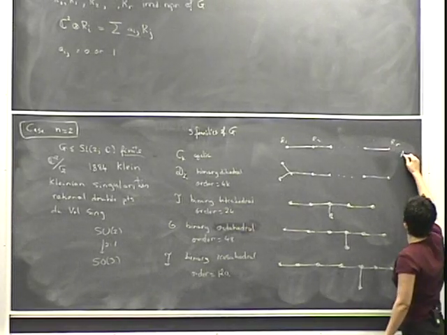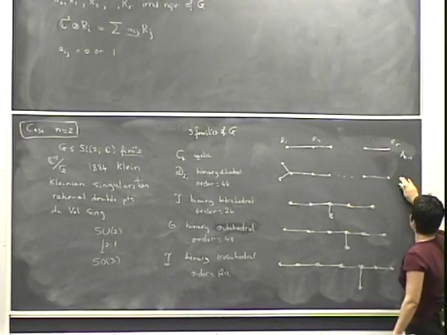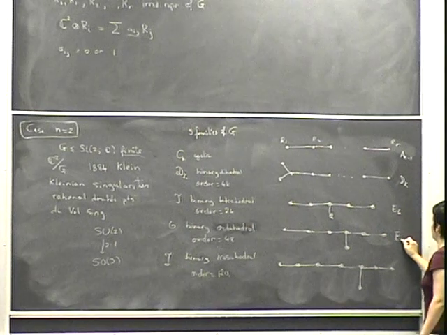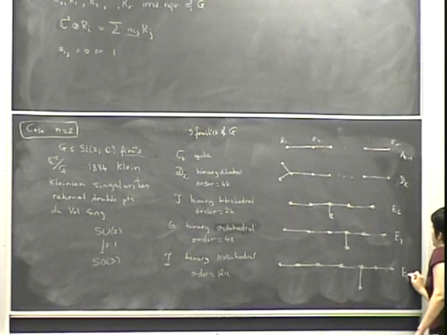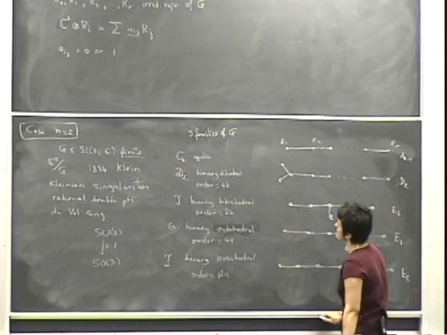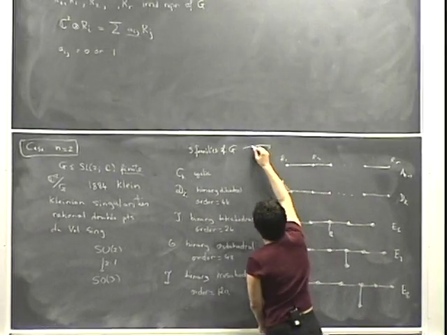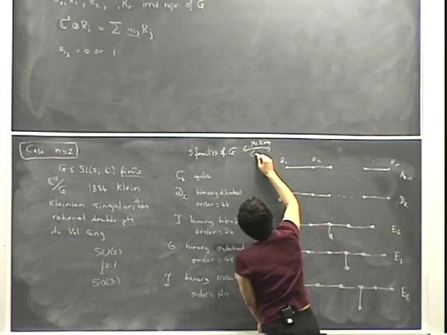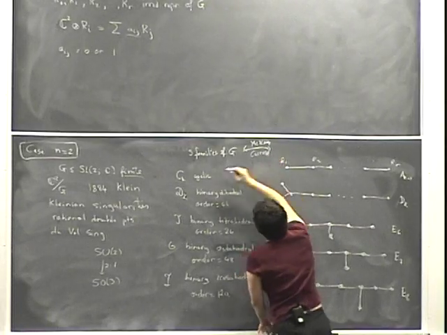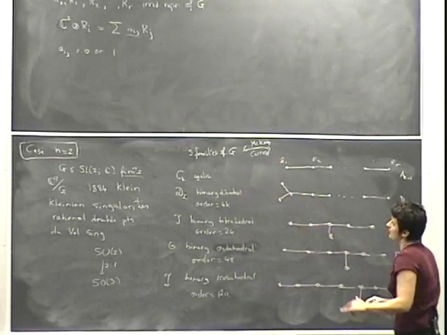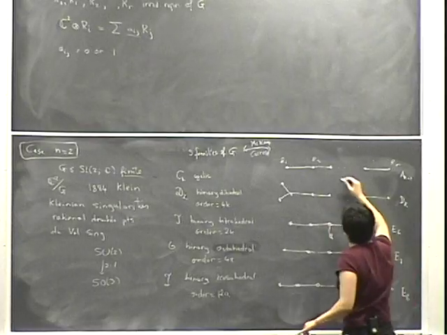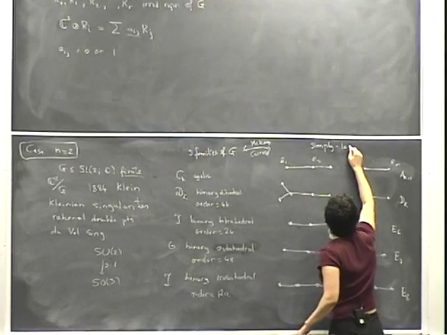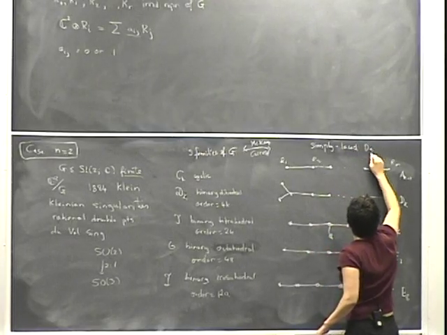So this is A_{k-1}, this is D_k, this is E6, E7, E8. So the McKay correspondence really gives you a correspondence between the finite subgroups of SL2C and the simply laced Dynkin diagrams.